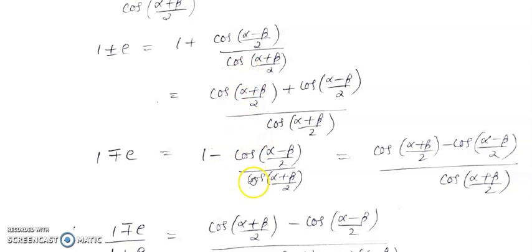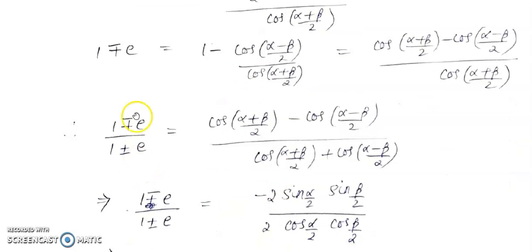Now let us divide both the equations to obtain 1 minus plus e by 1 plus or minus e. The denominators cancel out. So this is what we are going to get. Now the numerator is in the form cos a plus b minus cos a minus b. So you will get minus 2 sin alpha by 2 sin beta by 2. Similarly, in the denominator, it is the formula cos a plus b plus cos a minus b.